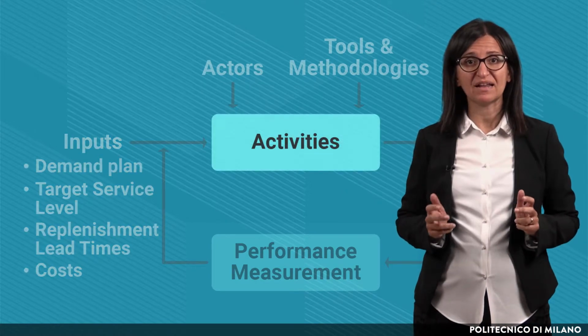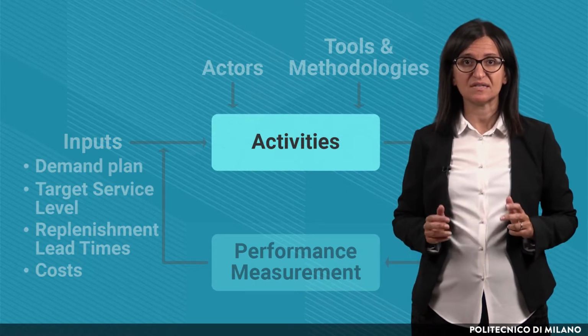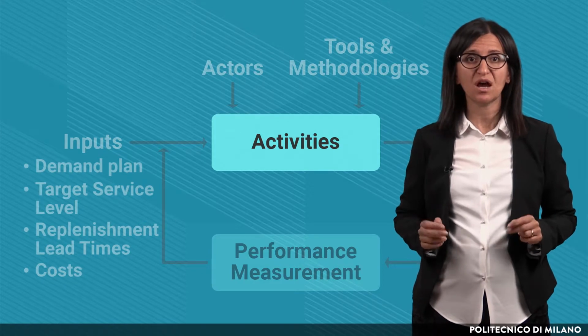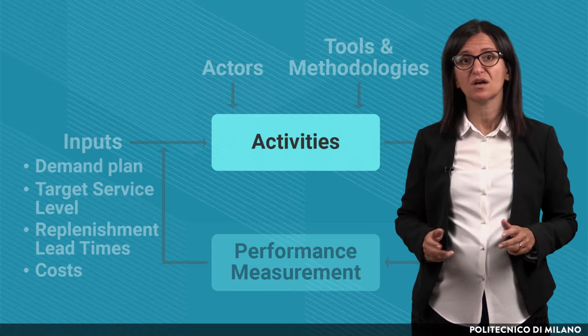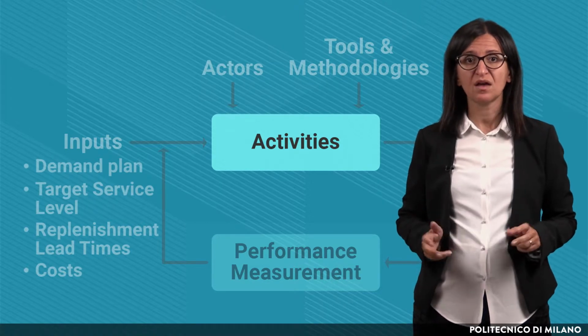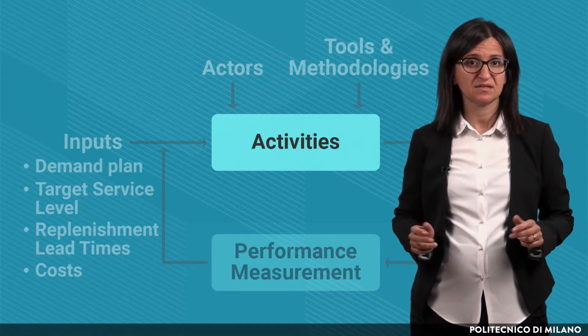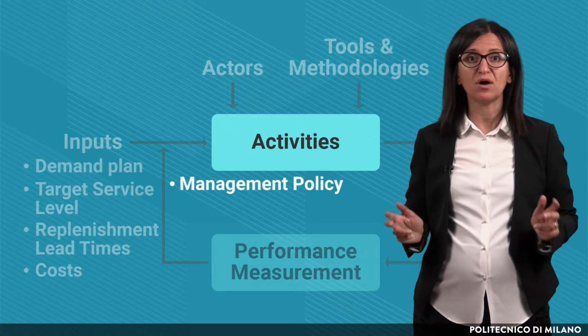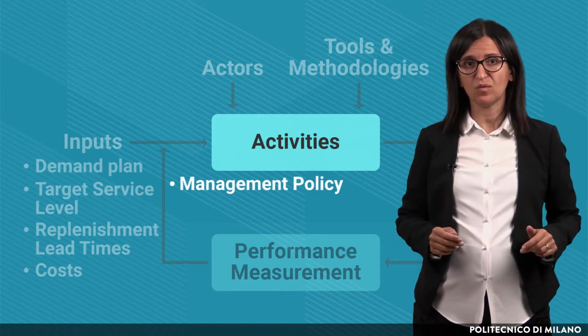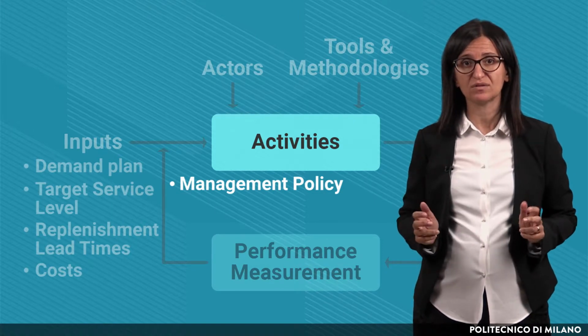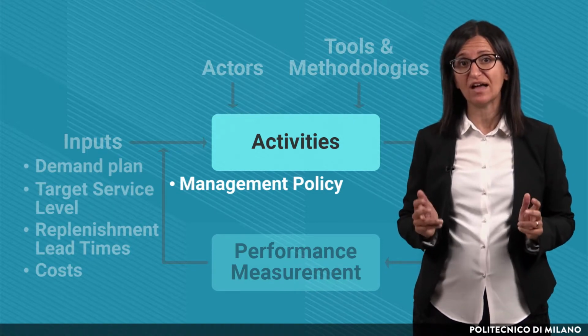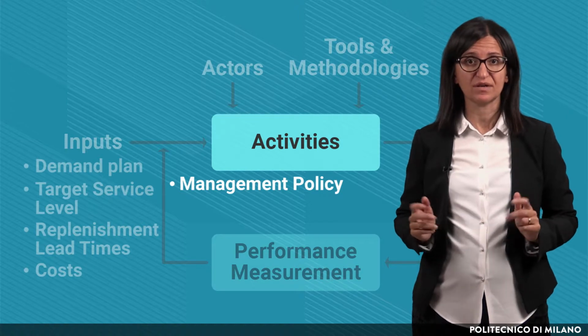Regarding the inventory planning activities, they consist in the definition and implementation of the replenishment policy for each item and for each node of the distribution network. Two choices should be made. First, the management policy. For example, we can decide to make an order every time the stocks in the warehouse reach a minimum predefined value, that is, a reorder point.